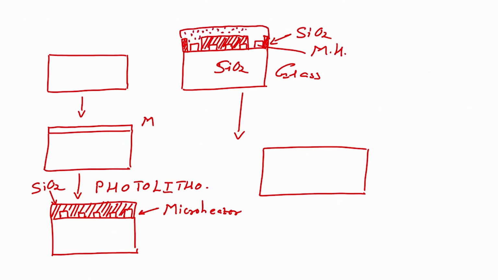On this we will deposit a metal as I have drawn here, and then we will perform photolithography again. So, when you perform photolithography, what will we have?